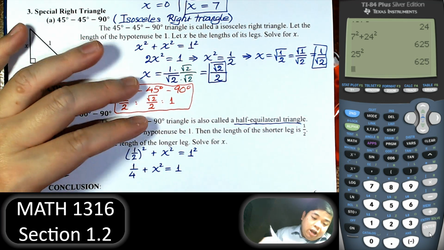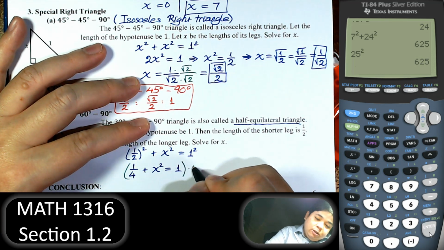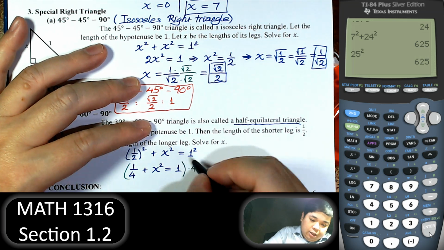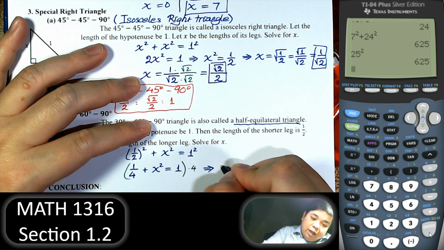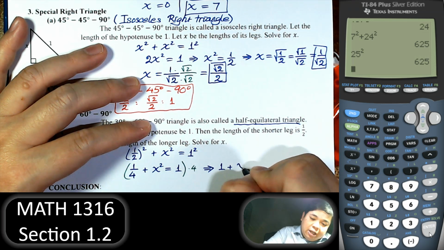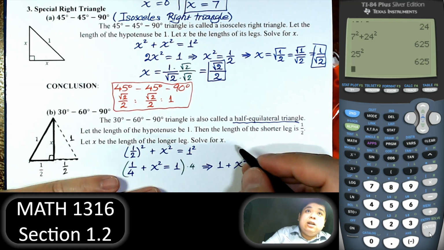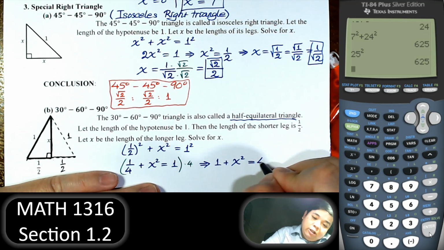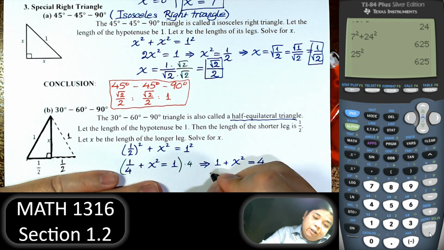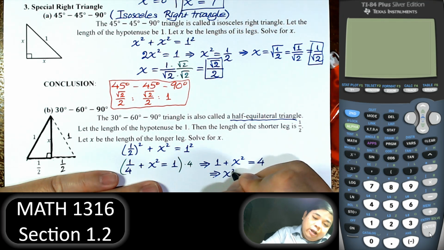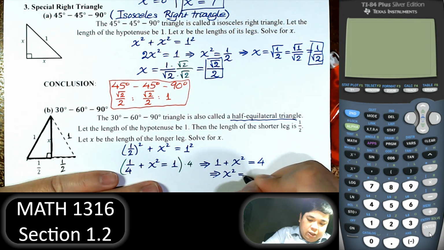Now, if we multiply everything by 4, that gives us 1 plus x squared equal to 4. Move the 4 over, x squared equal to 3.